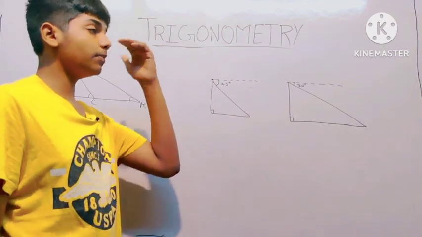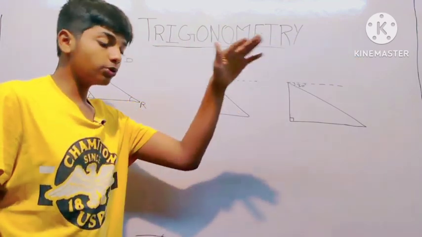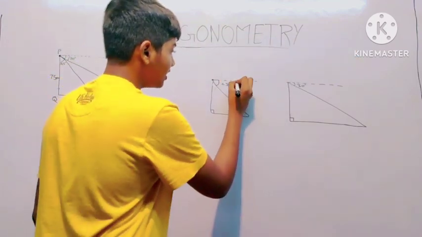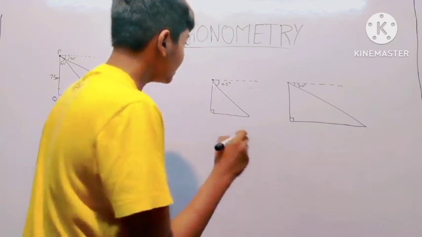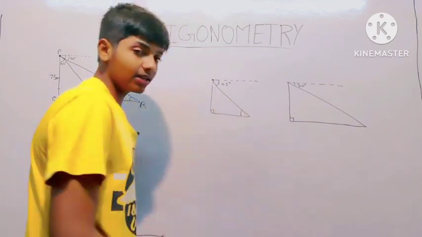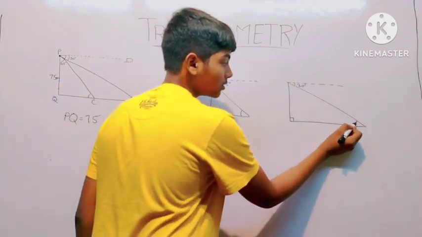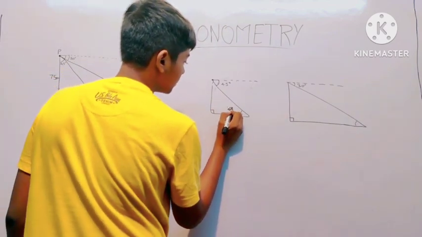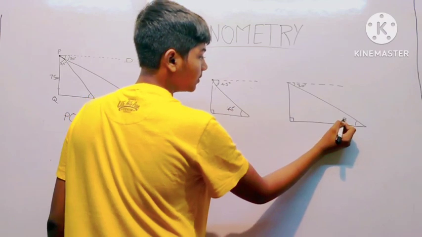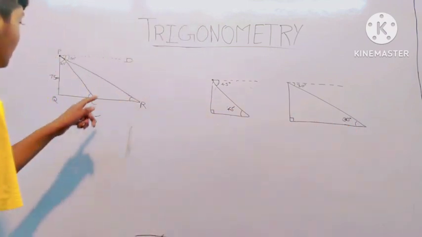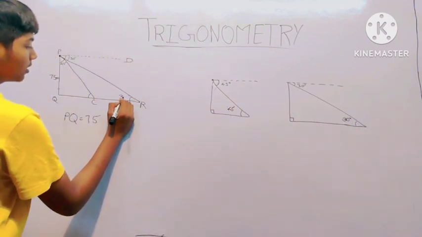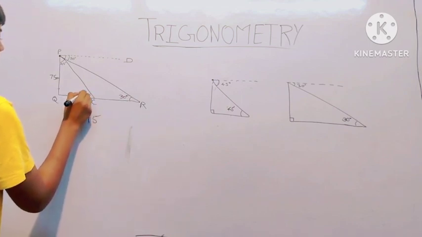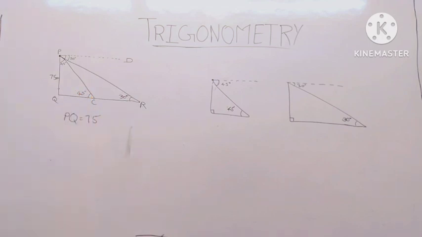The horizon goes straight, so it is parallel to the ground. So this line is parallel to this line, meaning these angles are alternate interior angles. Hence these two would be equal: 45 degrees and 30 degrees. Correct? So this angle would be 30 degrees and this angle would be 45 degrees. And now our work is very simple.